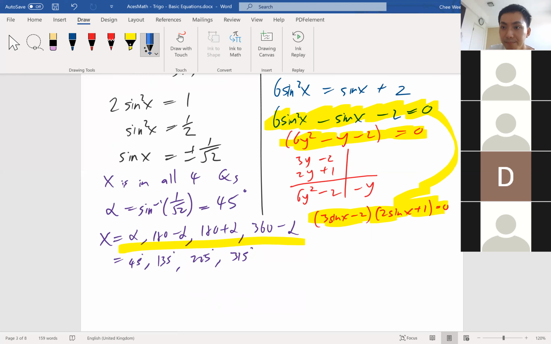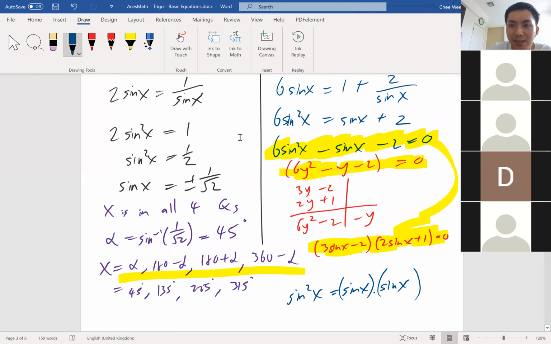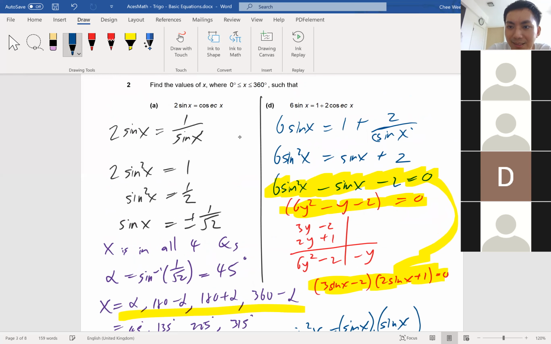But why is it only the sine that is squared, not the x? Sine squared x is actually sine x times sine x. This is an element on its own. If you look at your working here, sine x is one thing.